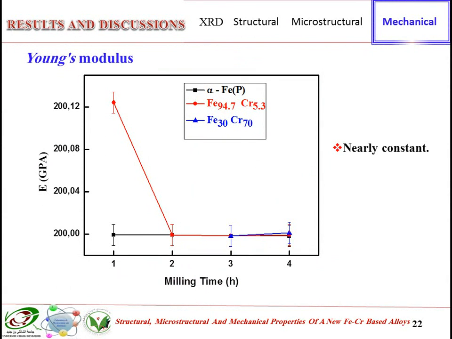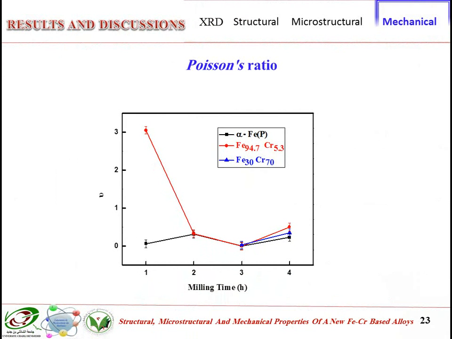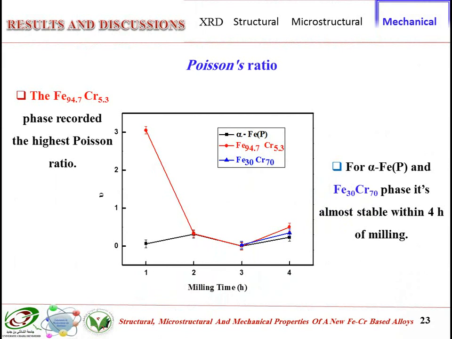The Young's modulus is nearly constant. The iron 94.7 chromium 5.3 phase recorded the highest Poisson ratio. For the alpha iron P and iron 30 chromium 70 phases, it is almost stable within 4 hours of milling.